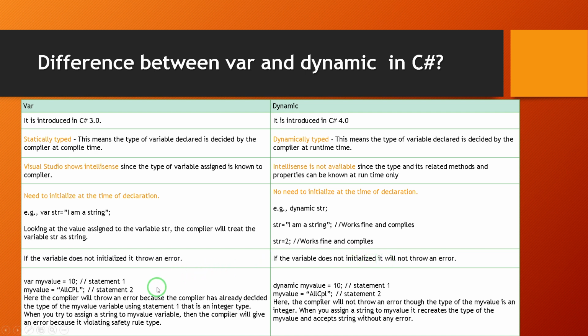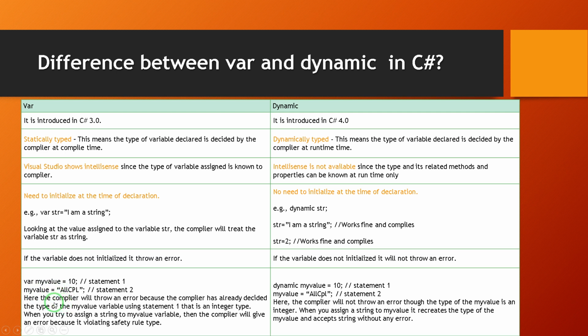And the next difference is basically one example where my value equal to 10, statement 1. In statement 1 we assign one integer value. In statement 2 we assign a string value. In this case it will display the error.